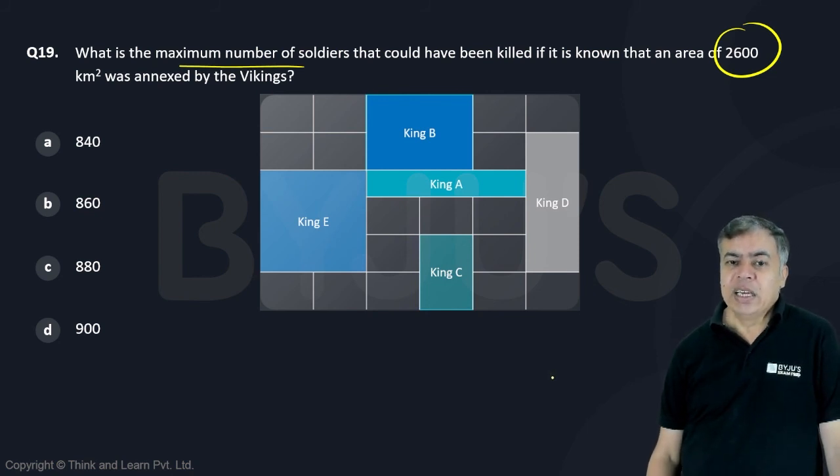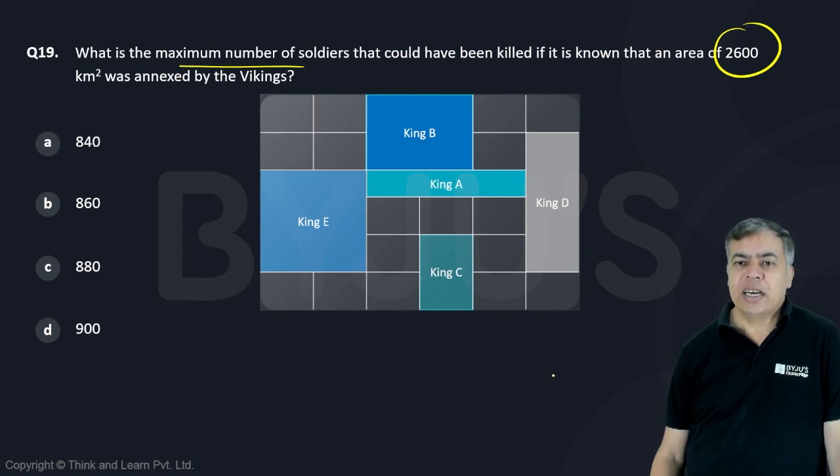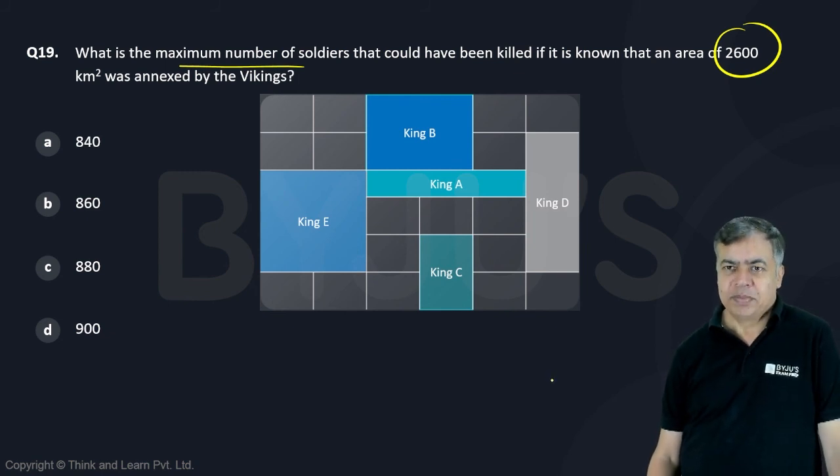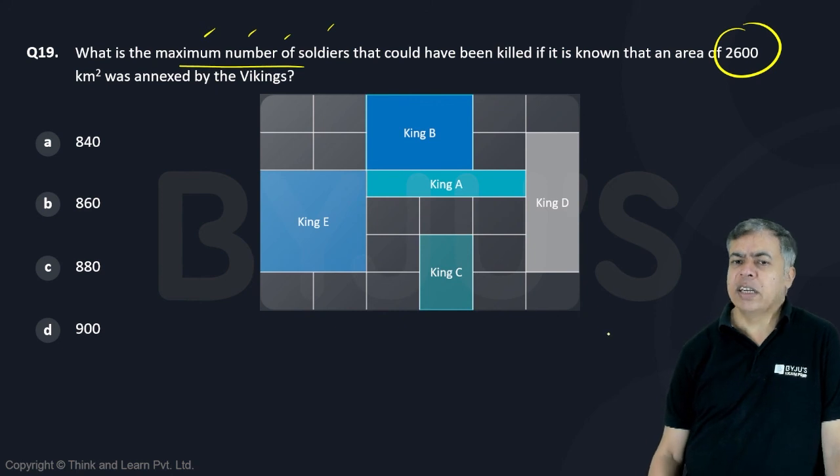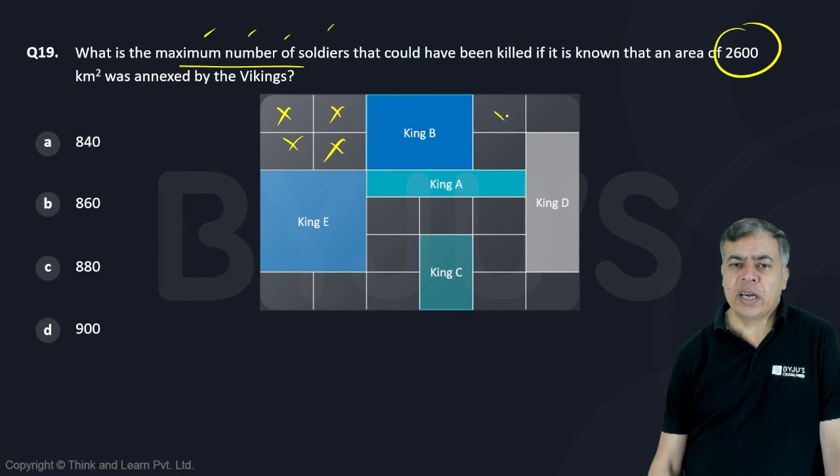I will leave those squares which are unoccupied, because I want the maximum number of soldiers killed. If it is 2600, the total 3600 is there, 10 squares I will leave. So 1, 2, 3, 4, 5, 6, 7, 8, 9, 10. You can leave any 10.